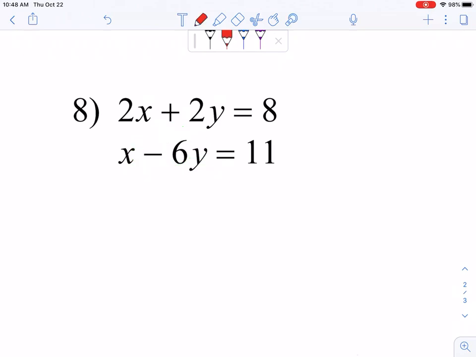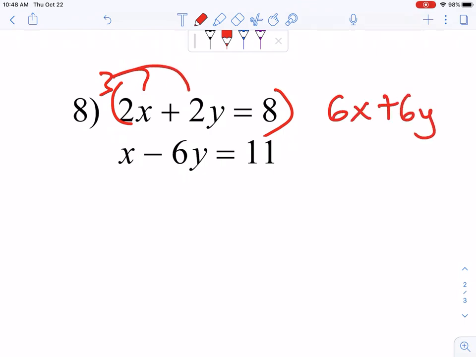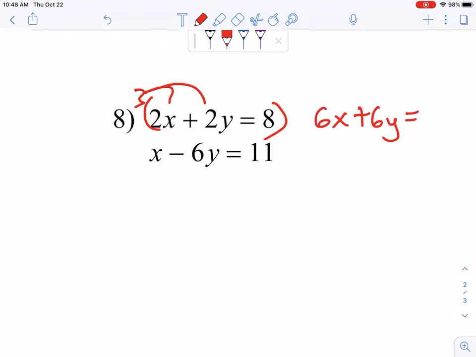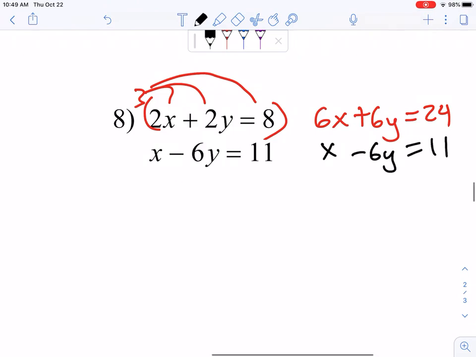So that's what I'm going to do. I'm going to multiply my whole top equation by 3. 3 times 2x is 6x. 3 times 2y is 6y. And 3 times 8 is 24. My bottom equation I'm going to leave how it is. So I have x minus 6y equals 11.